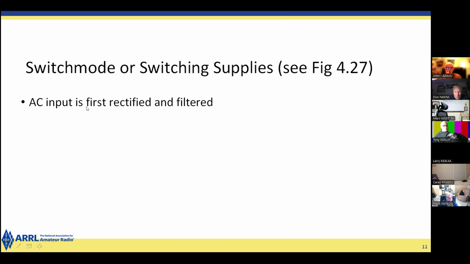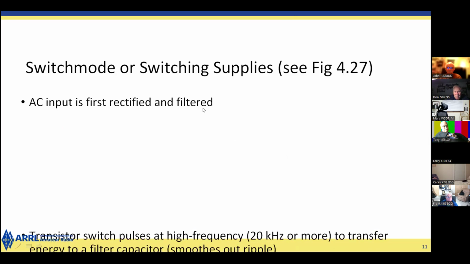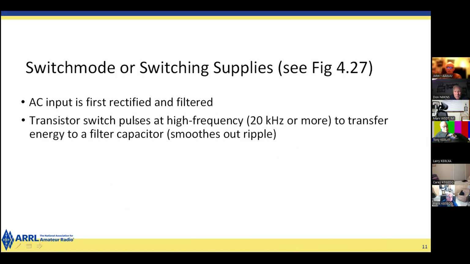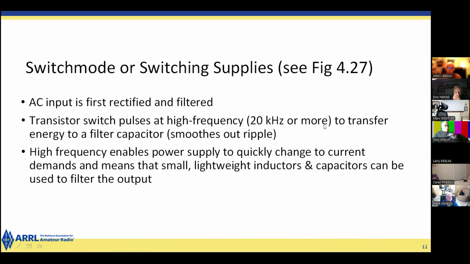AC input is first rectified and filtered. Transistor switch pulses, wait a minute. What we're talking about here is a switching power supply. So first you rectify it and turn it into DC, then you generate a high frequency pulse, like 20 kHz or more, and that'll allow you to use a smaller transformer.